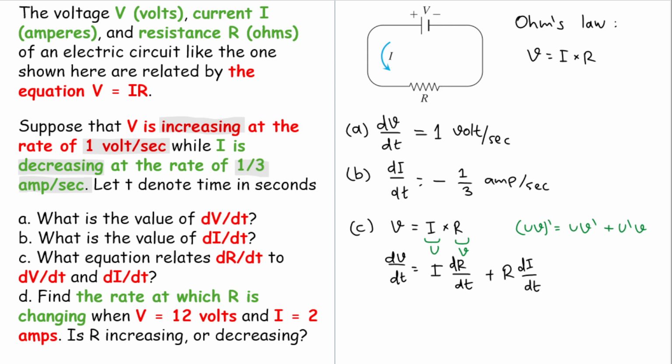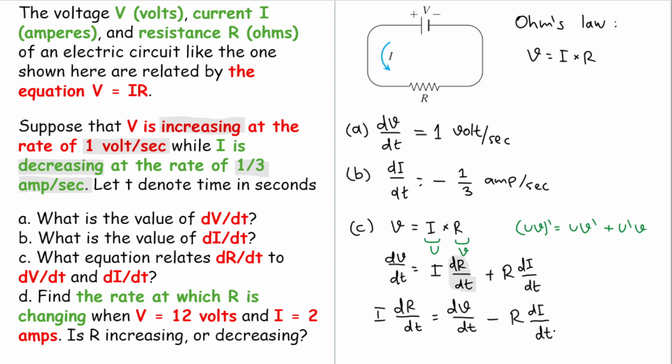We need to find dR/dt, so we can isolate it. Here I dR/dt will equal dV/dt minus R dI/dt.